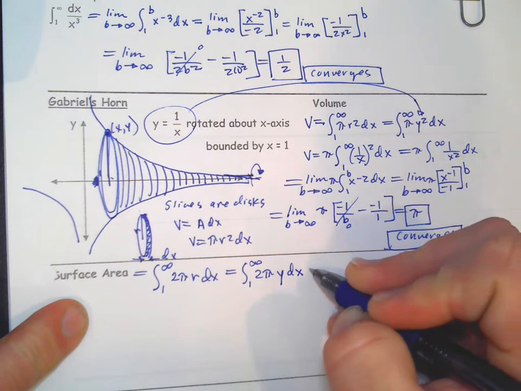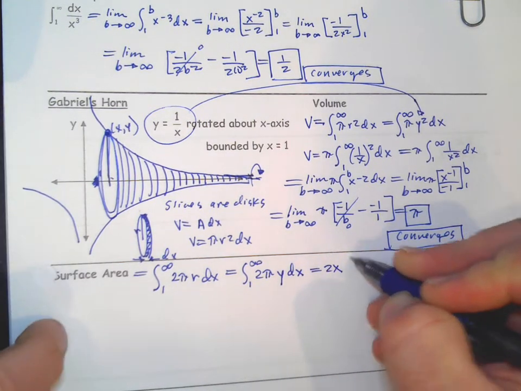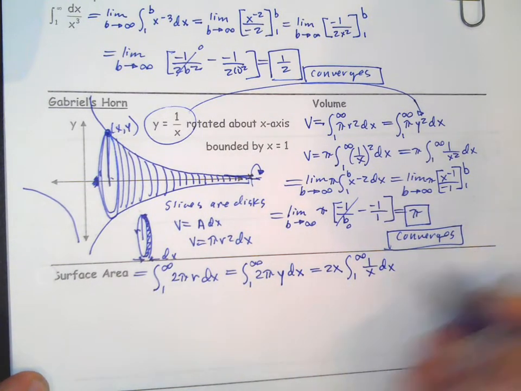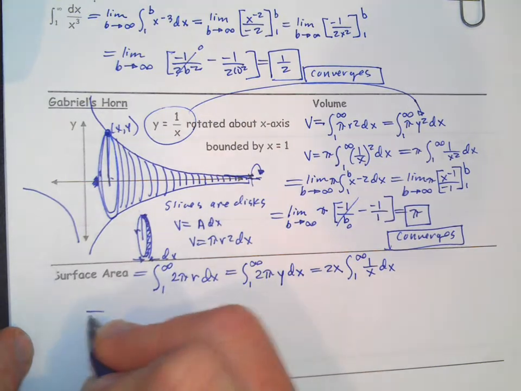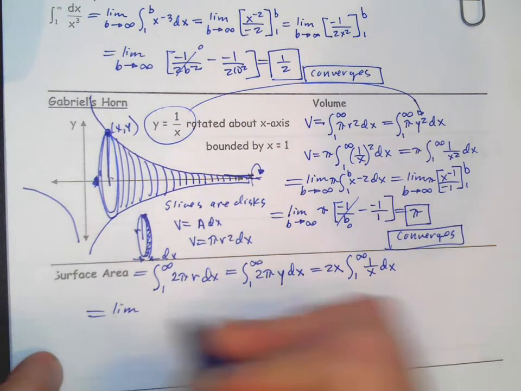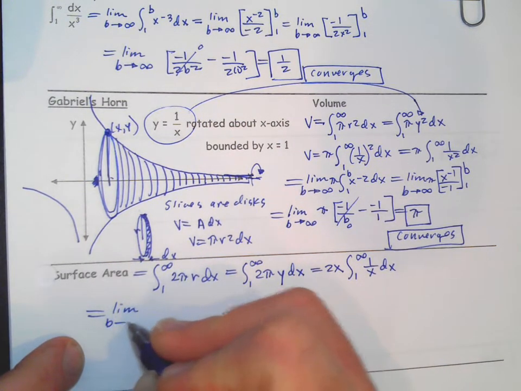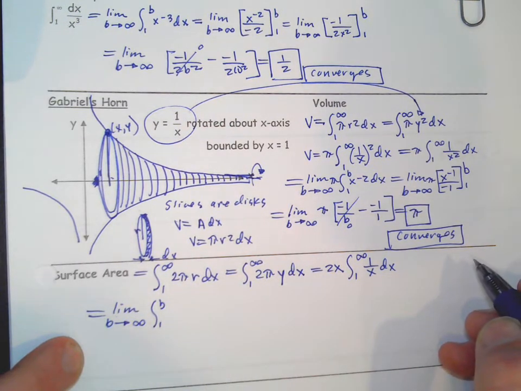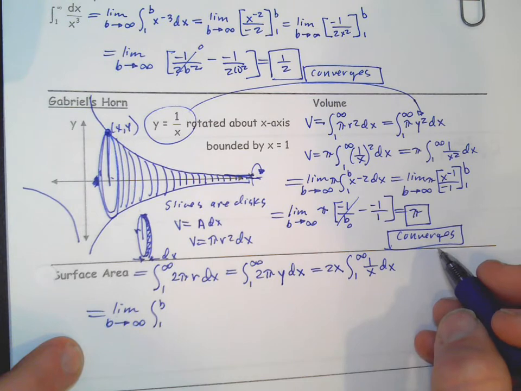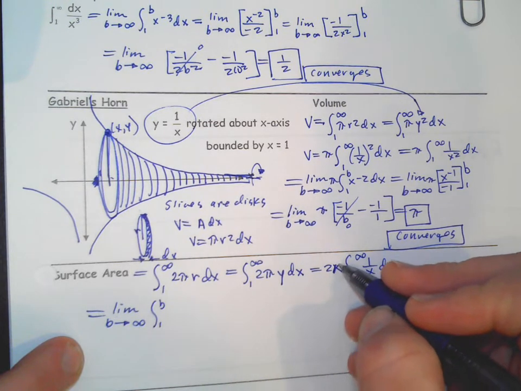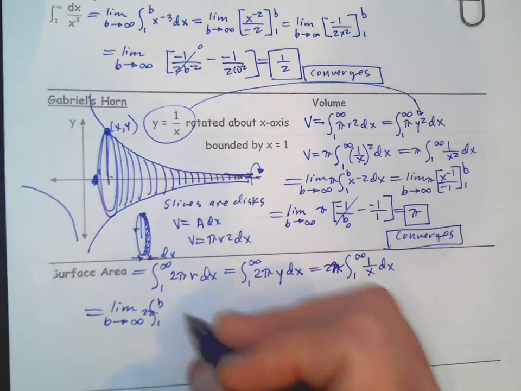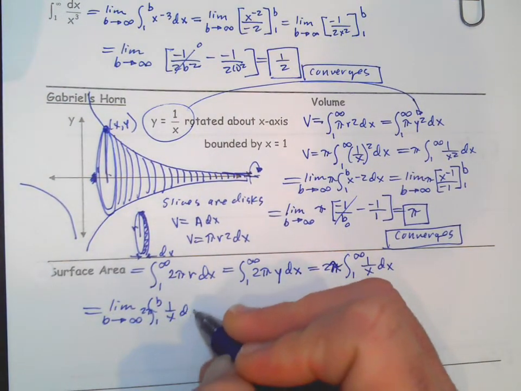And then we want to get it in terms of x. So that's going to be 1 over x dx. So then we could take the limit as b goes to infinity of the integral from 1 to b. And actually, we shouldn't forget, it should be a pi. So there's 2 pi here, times 1 over x dx.